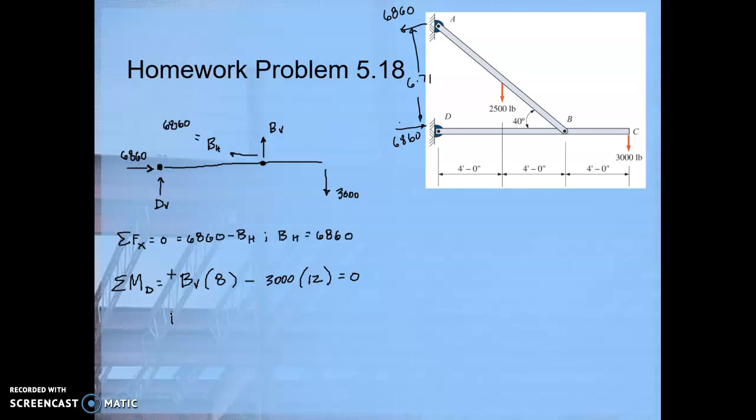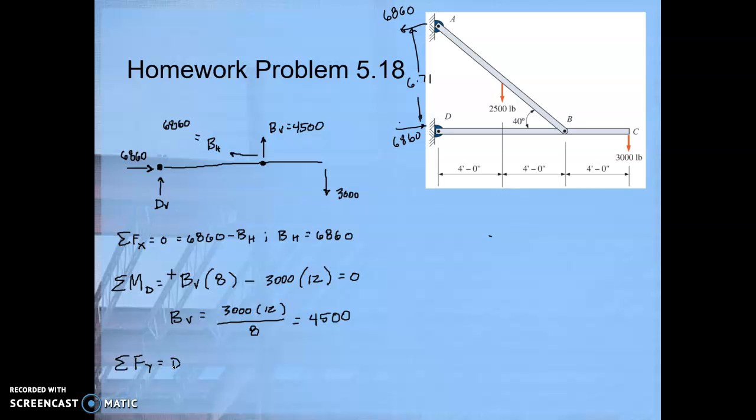So then we can solve for BV. BV is equal to 3,000 times 12 divided by 8. And so that equals 4,500. And if BV, B in the vertical direction, equals 4,500, now we can find DV because we can sum the forces in the y direction.